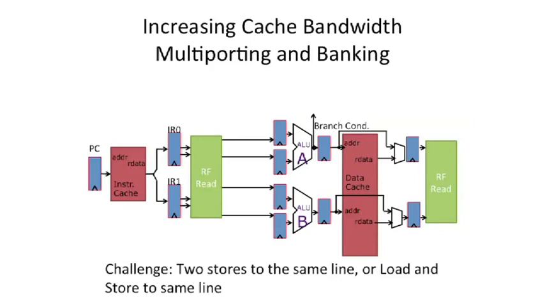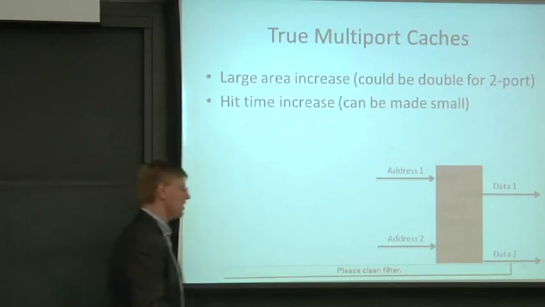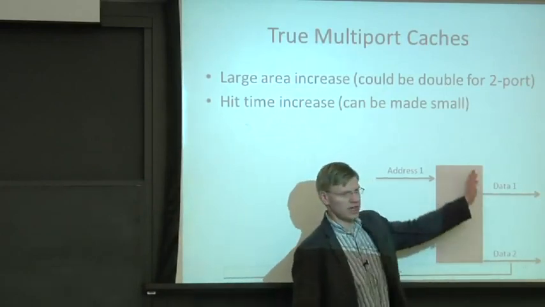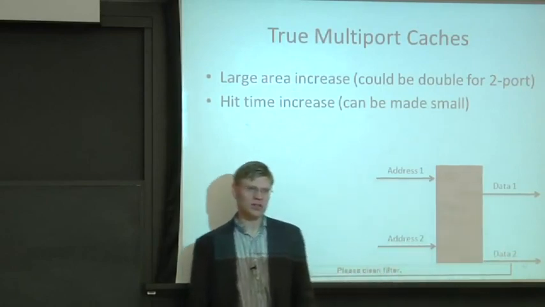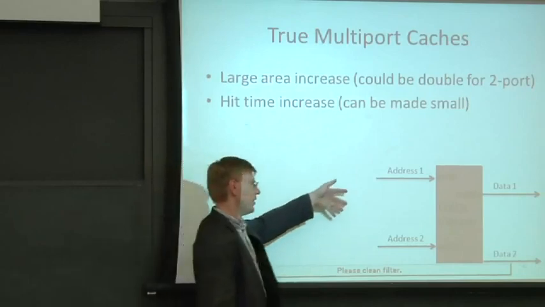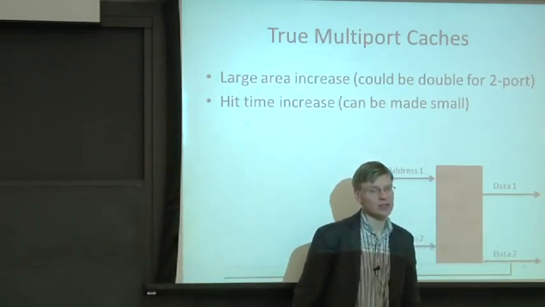So we can go and have a true multi-ported cache. If you think about the decoding logic on a read, we're going to have to at least duplicate that decoding logic. Likewise, if we want to actually execute 2 writes at the same time, we're going to have to duplicate the row decoders for that logic.